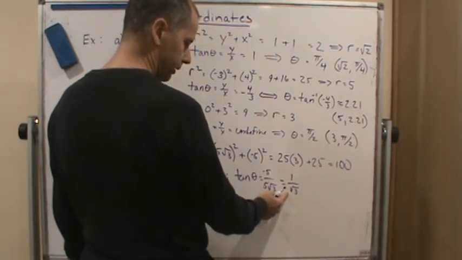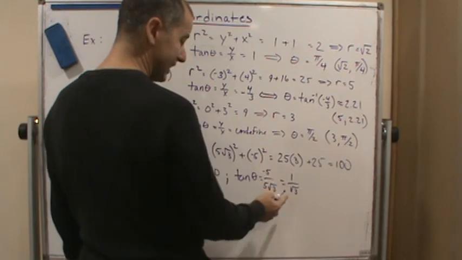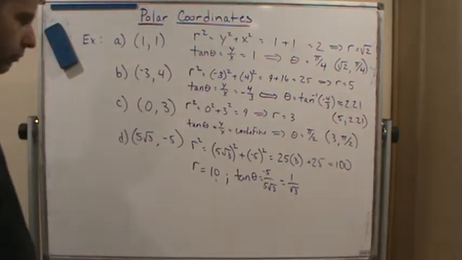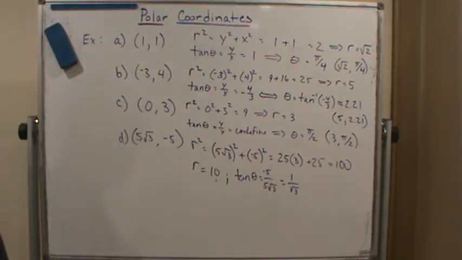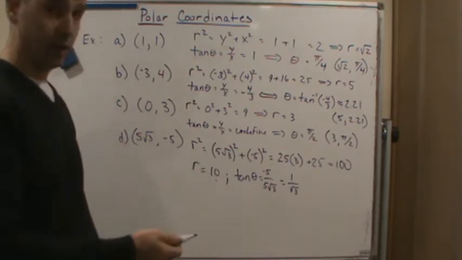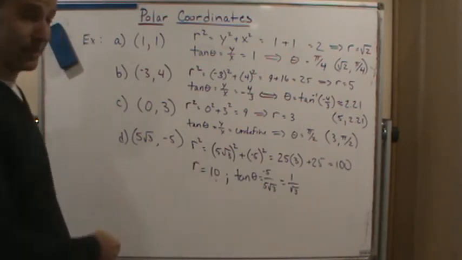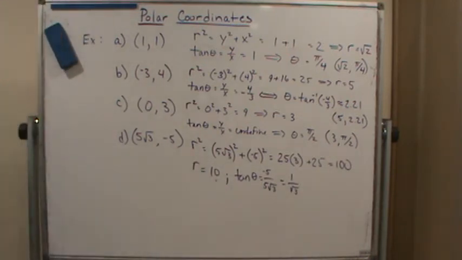Okay? So this is a 30, 60, 90 triangle, which means the angle is going to be 30 degrees, right?